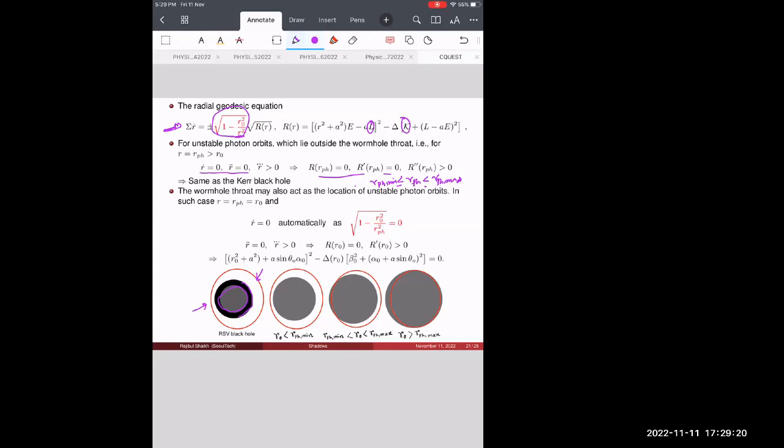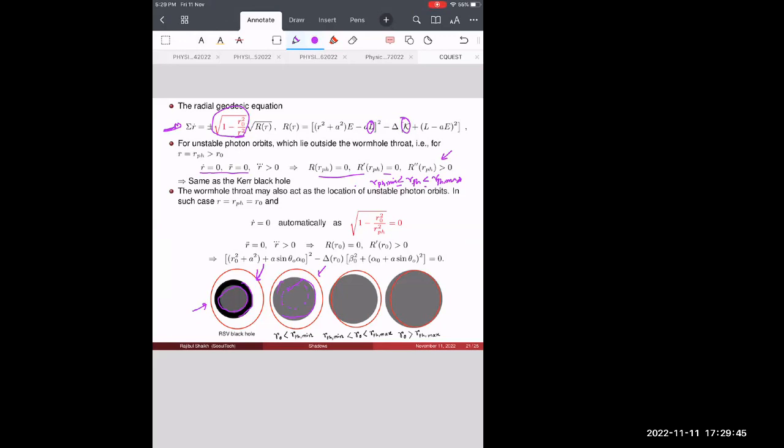So in this case we have the RSB black hole, and the shadow will be the same as the Kerr black hole, because in the exterior geometry the unstable circular orbit radius will be the same as the Kerr black hole. In this case also, this is the R naught surface, the wormhole throat, and the outer event horizon is somewhere inside.